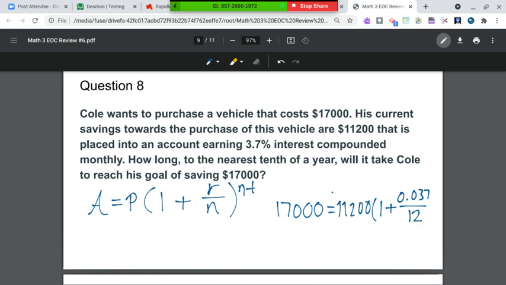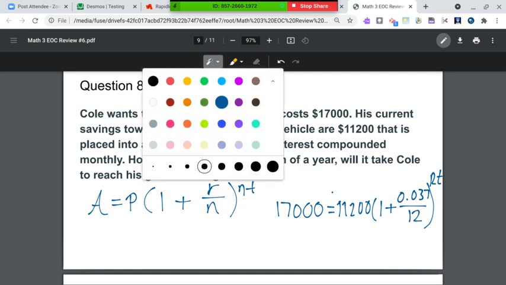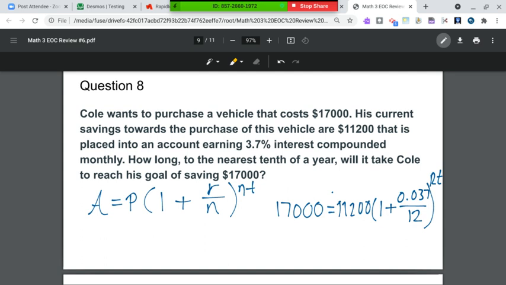And what we don't know is our t value, so we're going to raise it to the power of 12t. Now, you could do this algebraically, but in all honesty, I would use Desmos because Desmos is going to be a tool that will help you tremendously next week.